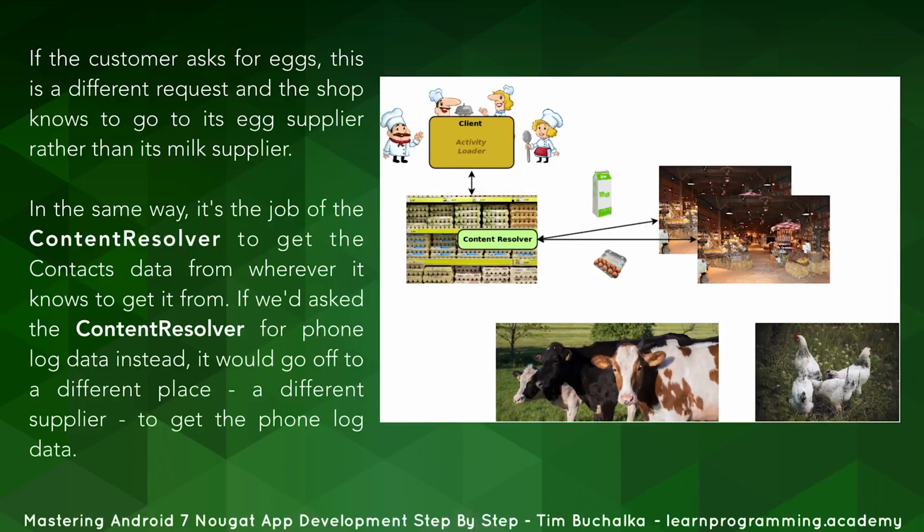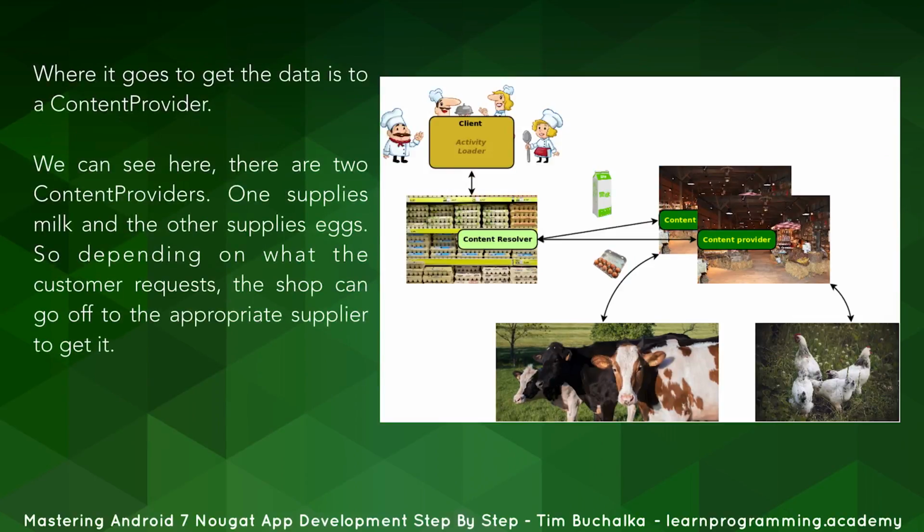Now if the customer asks for eggs, this is a different request and the shop knows to go to the egg supplier rather than its milk supplier. In the same way, it's the job of the content resolver to get the contacts data from wherever it needs to get it from. Now if we asked the content resolver for phone log data instead, it would then go off to a different place, a different supplier in this case, to get the phone log data.